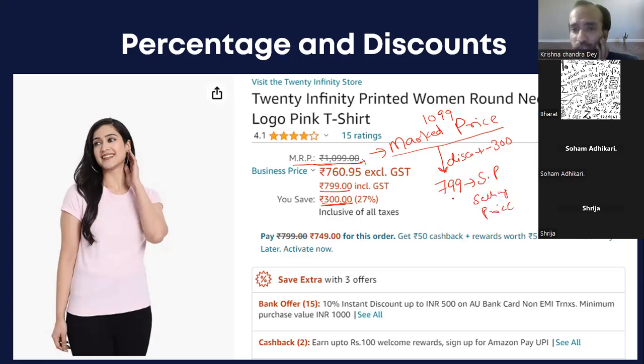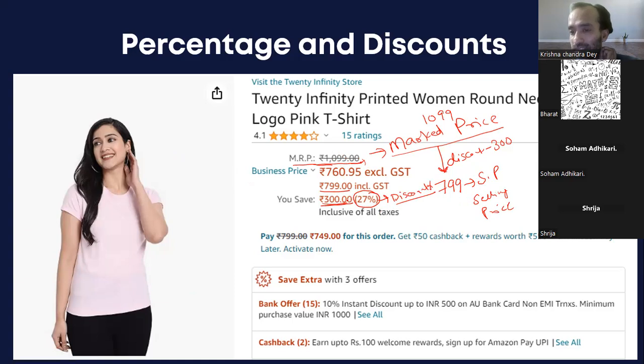Same thing you observe in Zomato also, right? In Zomato, you see 110, 20% off, 30, 40% off, right? So this thing that is given in percentage, that is the discount percentage. How did they calculate it? Because they gave the discount on top of the MRP only.